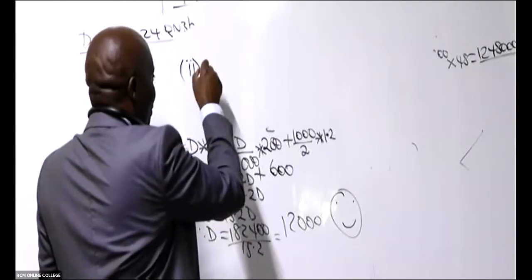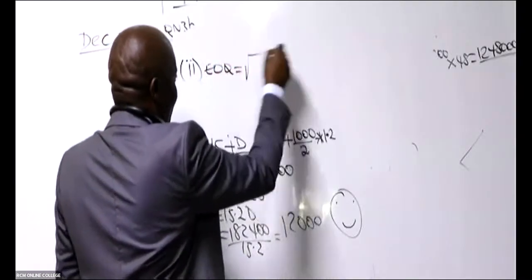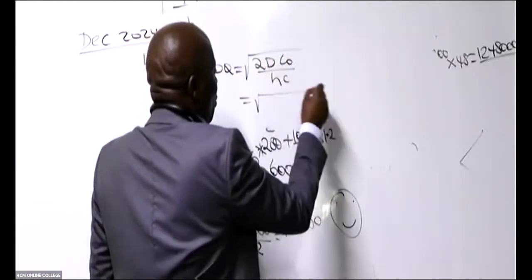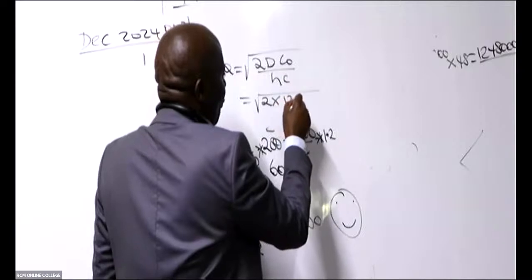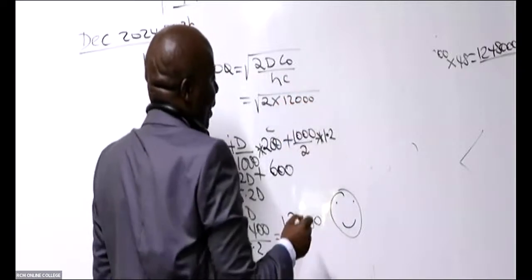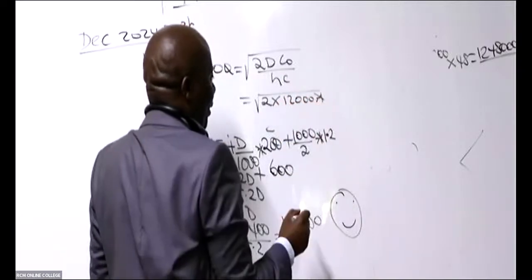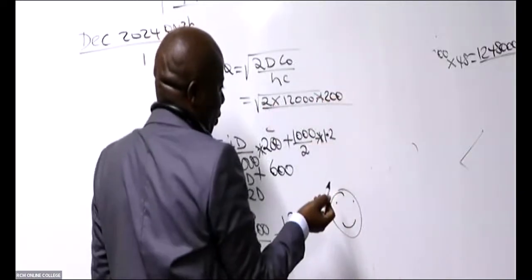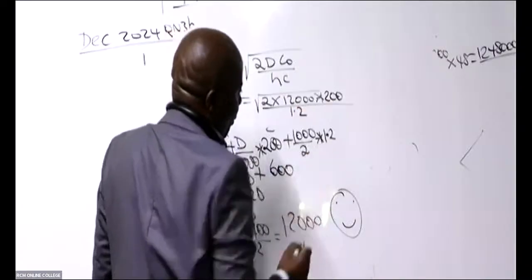So EOQ will be the square root of 2DCO over HC. Annual demand, you gave me a figure of 12,000, isn't it? Cost per order is 200, and the holding cost, you gave me, was 1.2, isn't it?